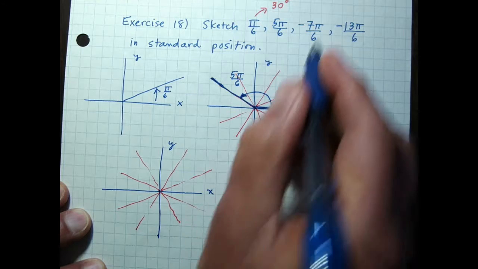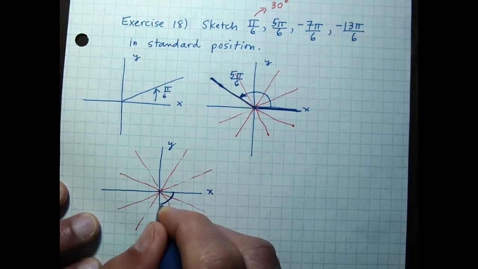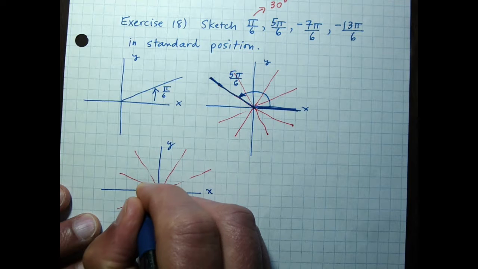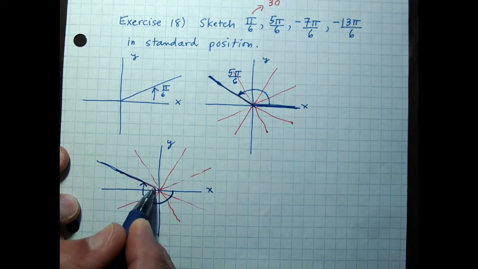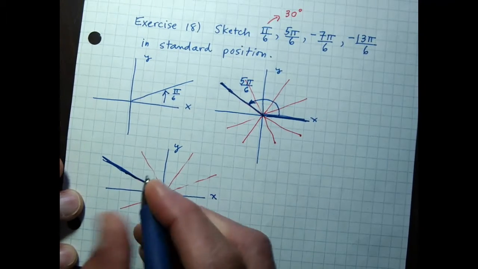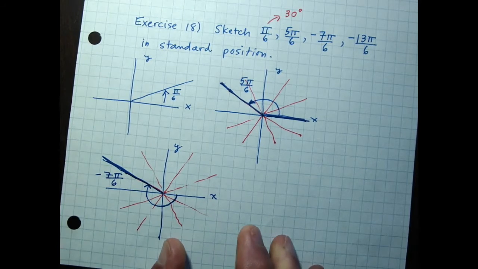So negative 7 pi over 6, I have to go in a negative direction. So negative 1, 2, 3 pi over 6, negative 4, 5, 6 pi over 6. Negative 7 pi over 6, that's the same terminal side as the one we just did. Exact same position, right? As 5 pi over 6.